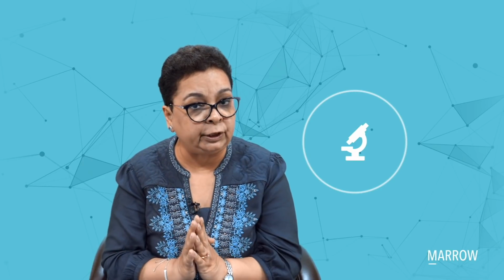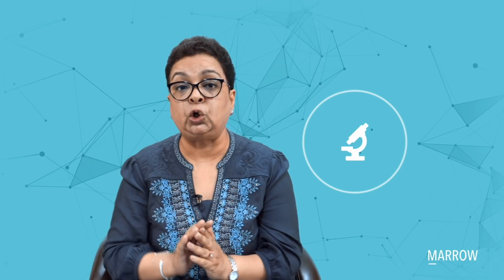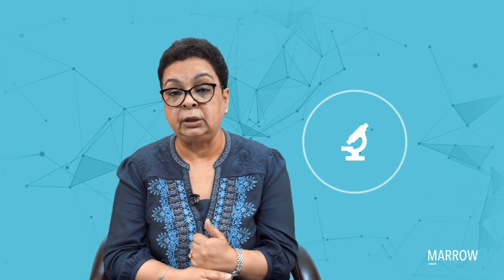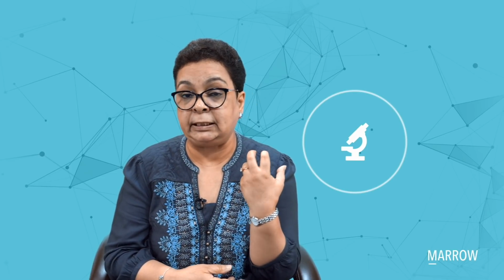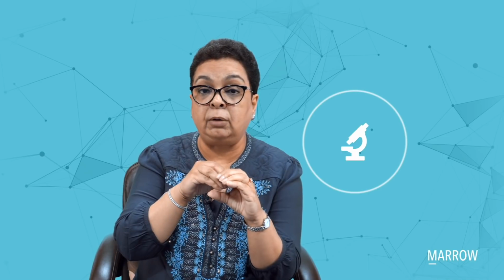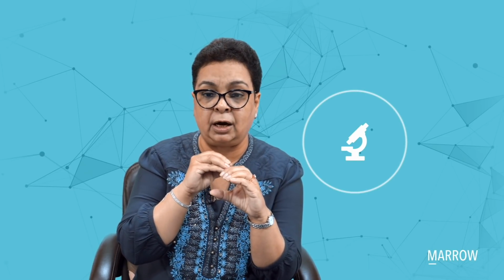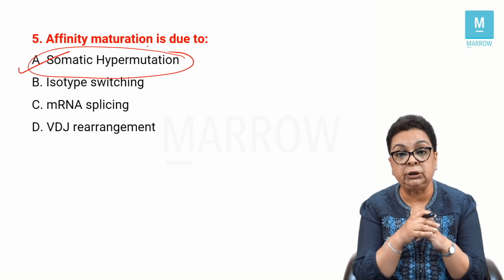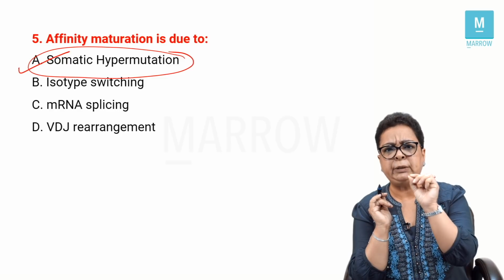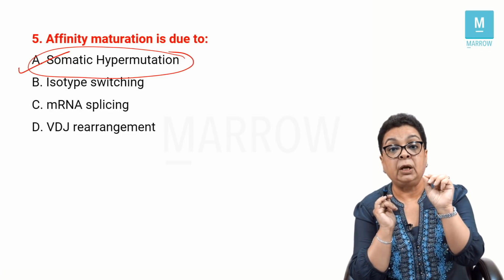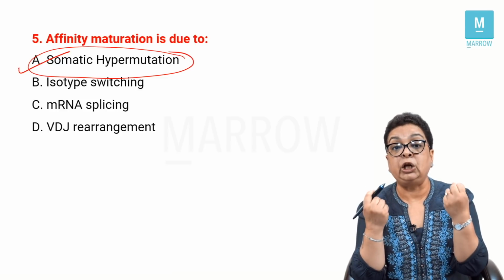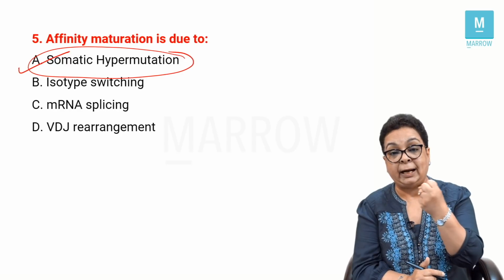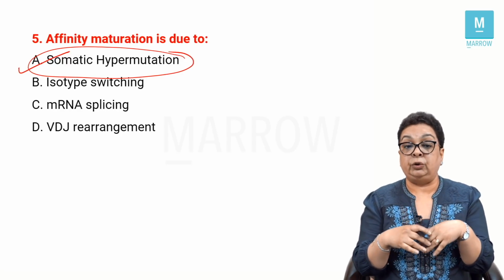So these are initially low affinity, but on prolonged exposure to the same antigen or on repeated exposure to the same antigen, which was mentioned in the option, those activated B cells in the lymph nodes, in the germinal centers, will form special areas which are called the dark zones. Here they will undergo this phenomenon, somatic hypermutation, in which random point mutations are occurring in the B cells, hoping that one of these point mutations will be so useful for that B cell that it is now able to bind to that antigen with higher affinity. Right? Now, these are random mutations.